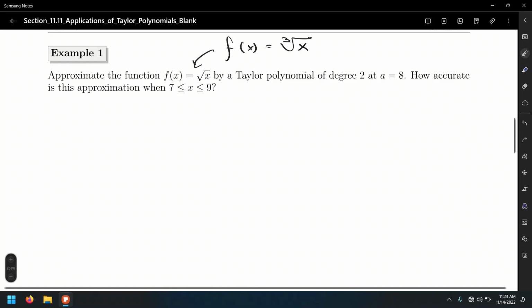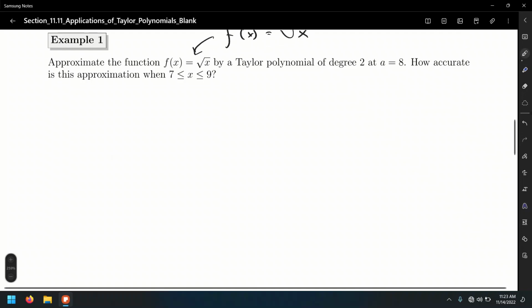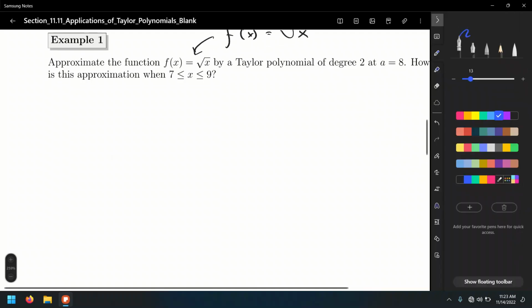However, we will take one more derivative because that's what Taylor's inequality calls for, the next term in the approximation. You'll see how that's going to work.